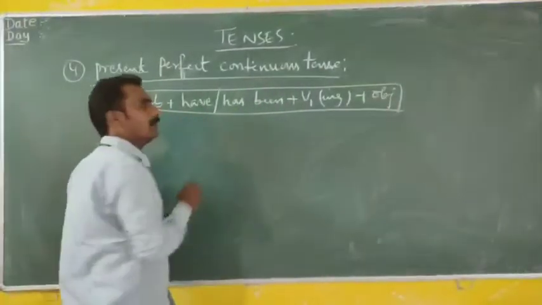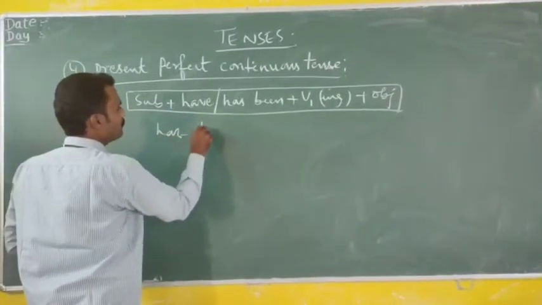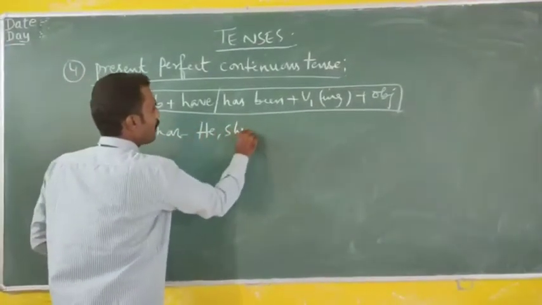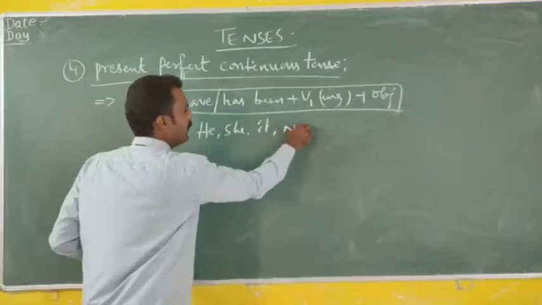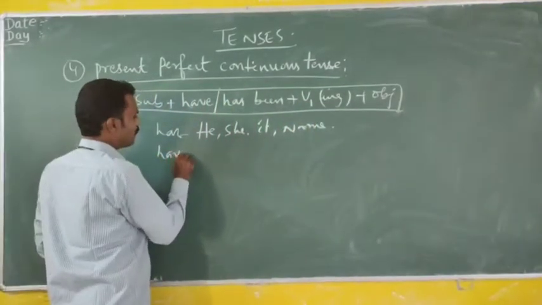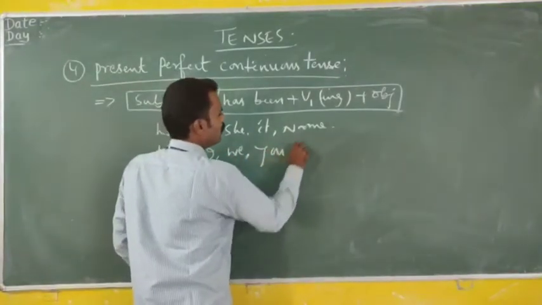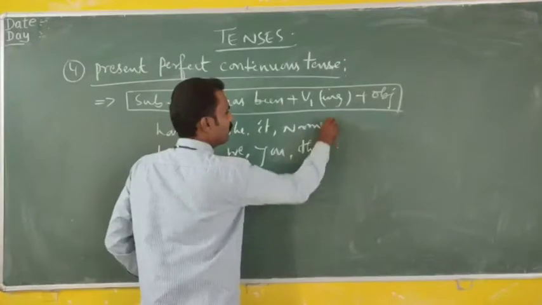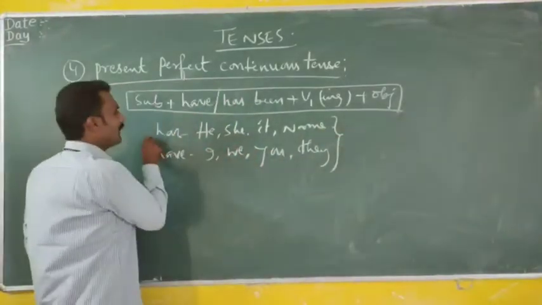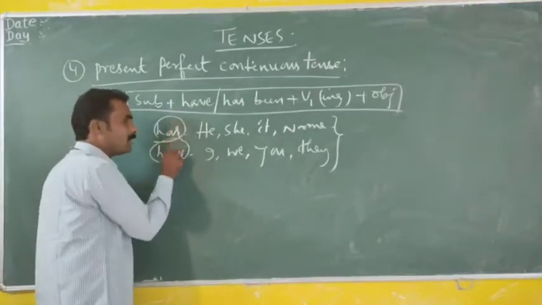Of course you know that we use has for he, she, it, or any name, and have for I, we, you, they. So this should be remembered.